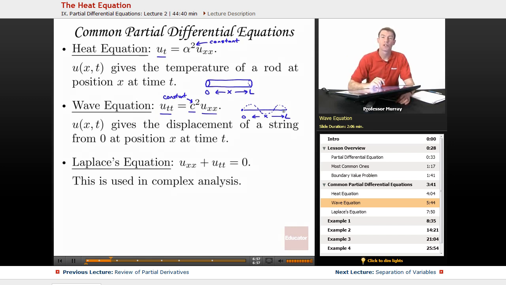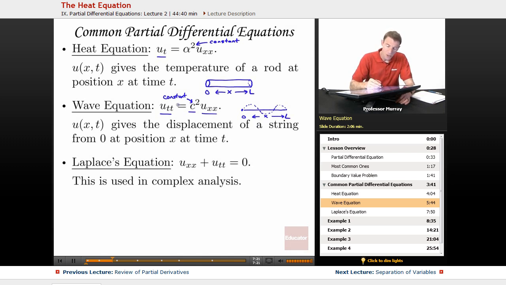The string has a particular position, a particular amount of displacement, at any given time. So this displacement depends on where you are on the string and on what time it is. And then u of x, t describes the displacement of the string from 0 at time t.